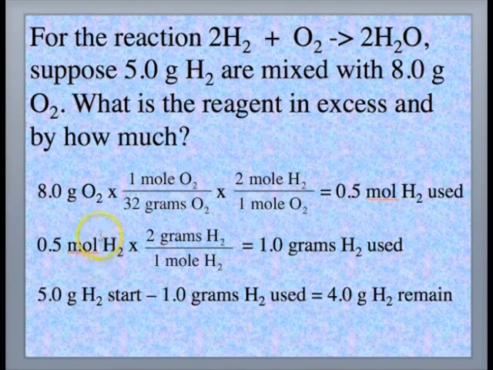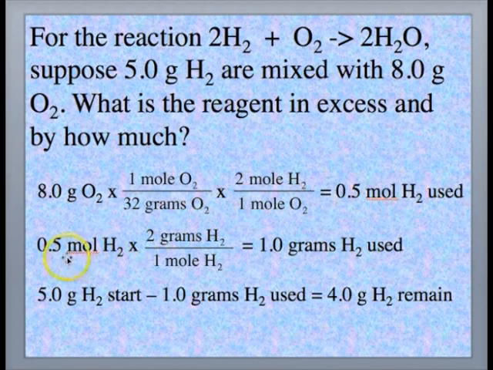So in the next calculation, we start with the 8 grams of oxygen, we convert that to moles, and we use the relationship between oxygen and hydrogen, which is a 2 moles of hydrogen to 1 mole of oxygen relationship, to determine the amount of hydrogen that is actually going to react with the oxygen. So 8 times 2 divided by 32 is 0.5 moles of hydrogen. That's the amount of hydrogen that will be used.